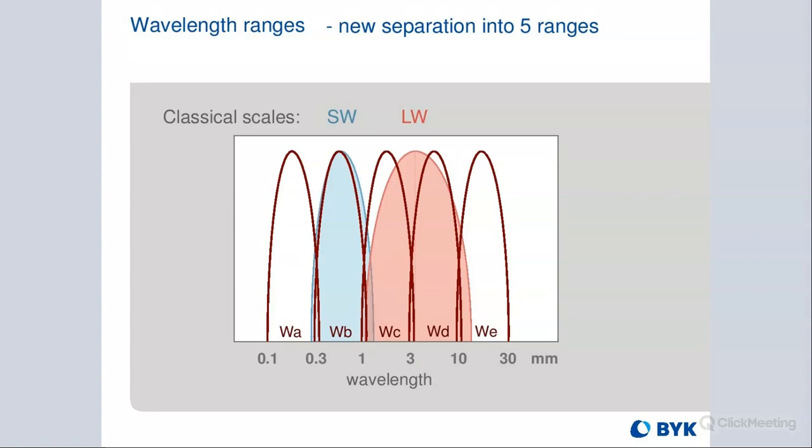We've broken these ranges down into WA, WB, WC, WD, and WE, so now we're covering from 0.1 millimeters all the way up to 30 millimeters. Originally, the blue area, which is mostly WB in our new structure spectrum, is the short wave, and then WC and WD correspond fairly well with the long wave.